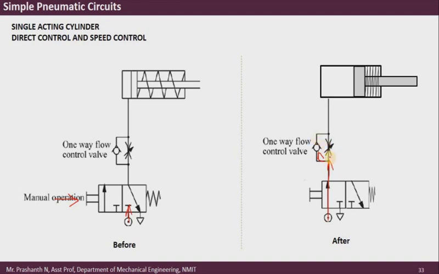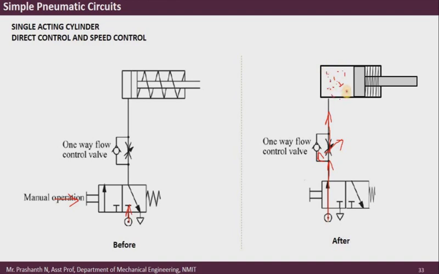The only possible way the air can move is through this throttle valve. As you can see, there is this arrow mark, which indicates it is variable, so I can control the amount of air that is getting filled into the piston end of the cylinder.